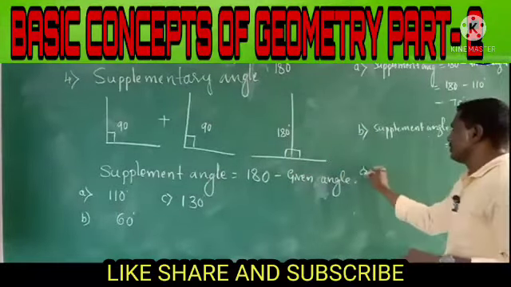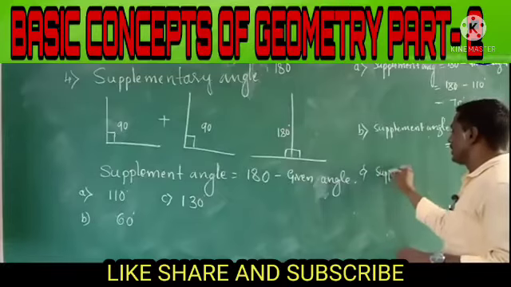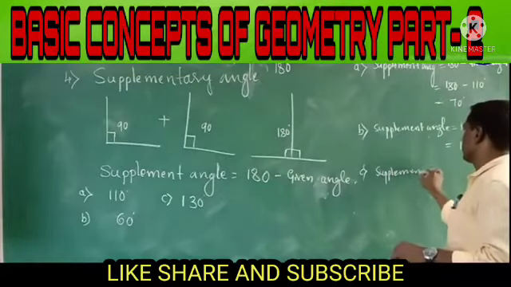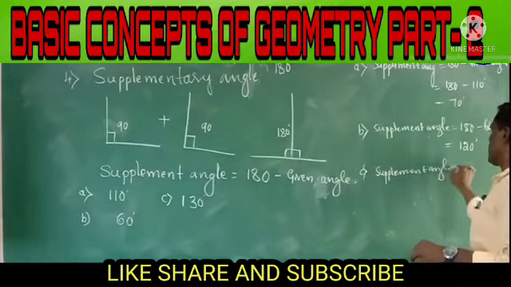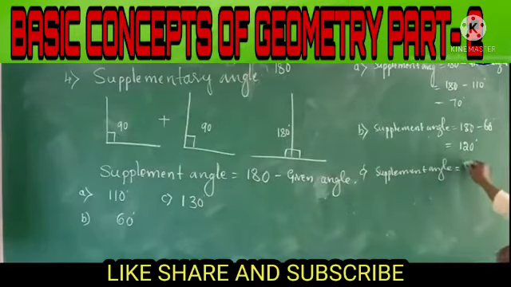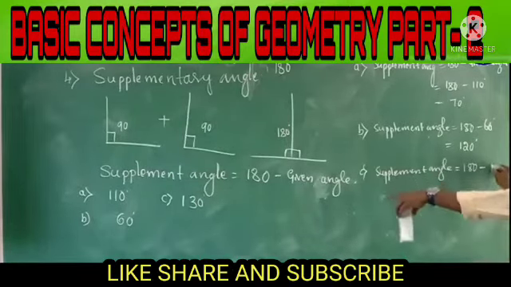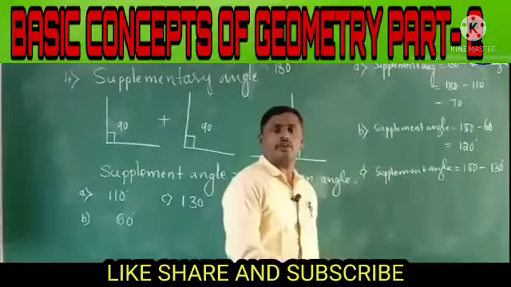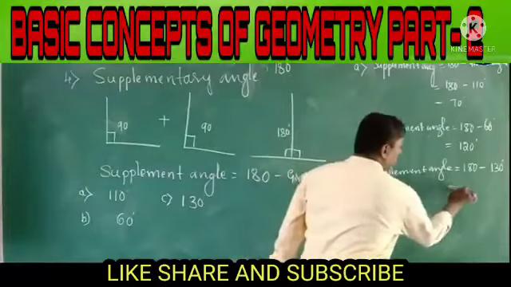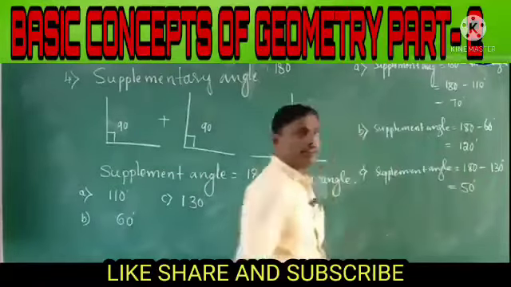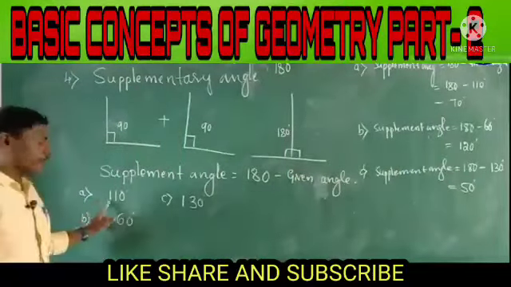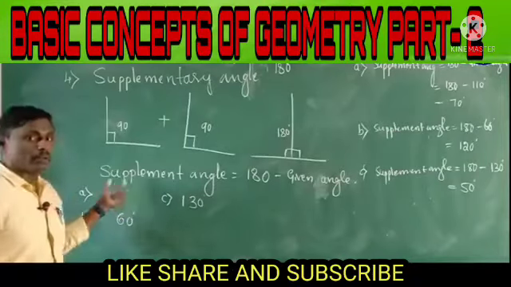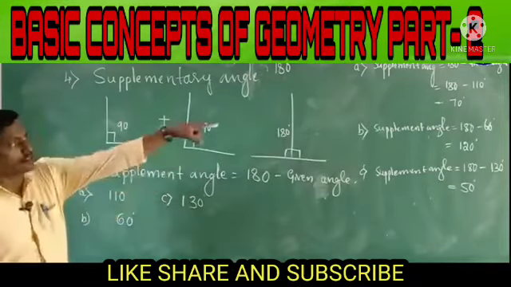Third one, C. Supplement angle is equal to 180 minus, what is that given angle? Third angle is 130. So 180 minus 130, 50 degree. So for first one, the supplement angle is 70 degree.